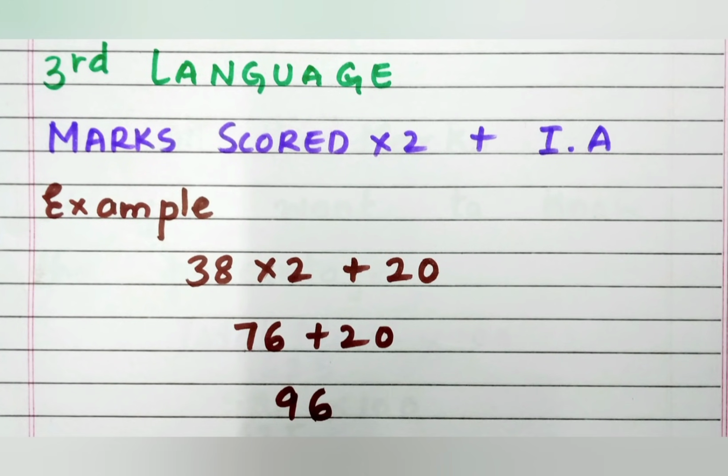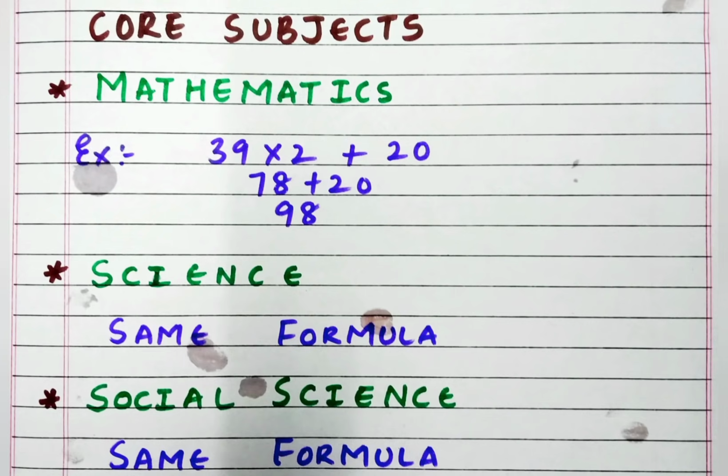For example, if a student scores 38 marks out of 40, multiply 38 into 2 plus add 20, that is 76 plus 20, you get 96 marks out of 100. Students, hopefully you have understood. This is just an approximation. This is not the final result. Do wait for the final result. This gives you an idea of how you have done.